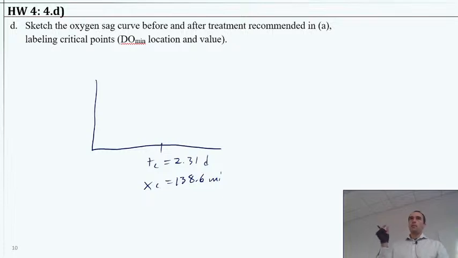And it doesn't actually matter what our L naught was. The critical point is going to happen at the same time and distance, so it doesn't matter how much we're starting with. The proportionality makes it so that they dip to the lowest point at the same time or distance regardless.